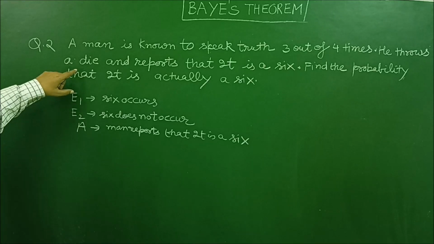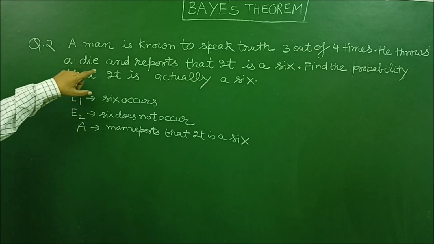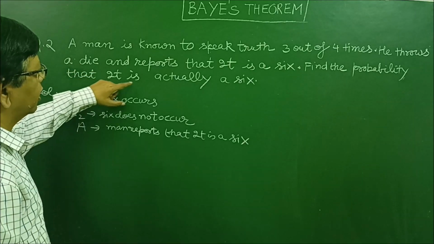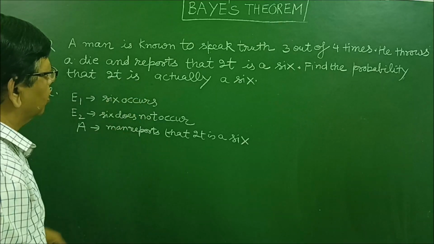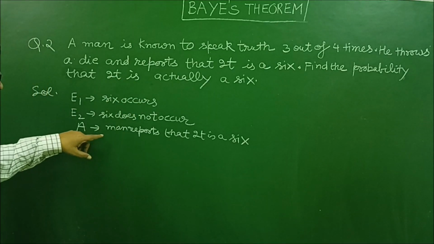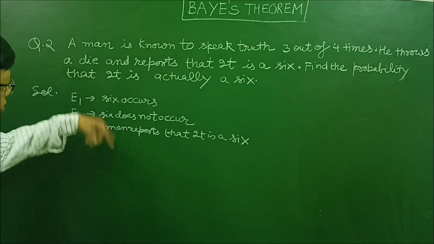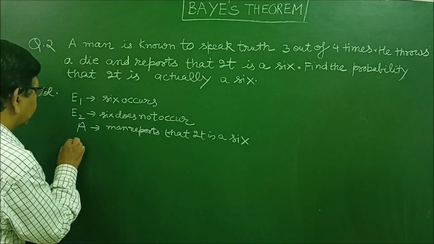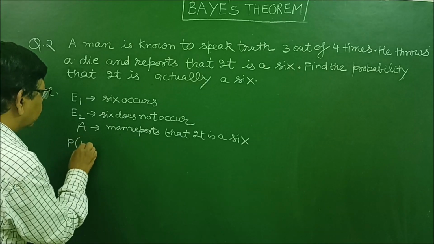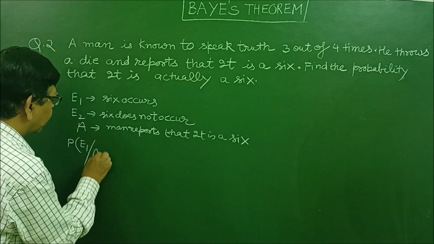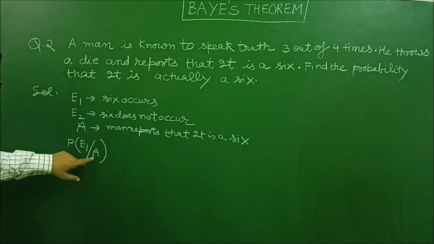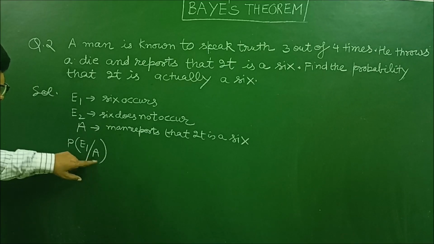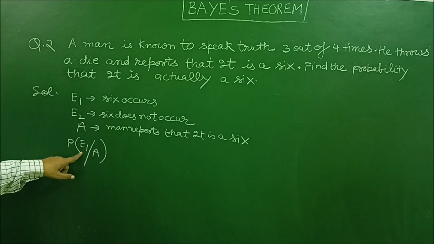Now we want to find the probability that it is actually a 6. Means man reports that it is a 6 and 6 occurs. So we want to find the probability of E1 slash A.